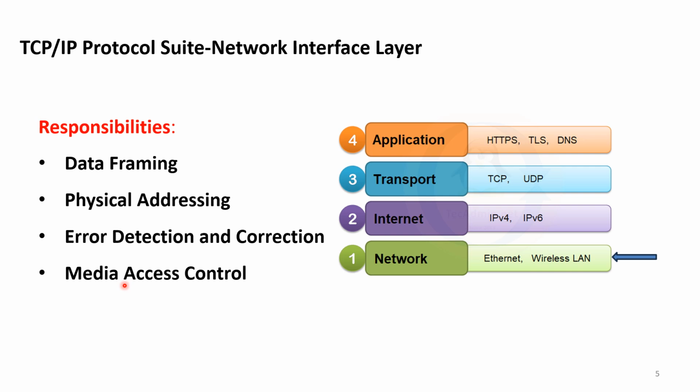Some examples of network interface layers are Ethernet, Wi-Fi, and Point-to-Point Protocol.